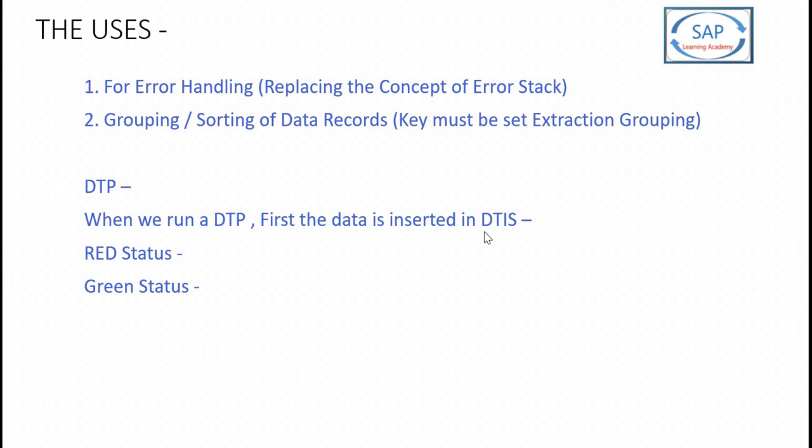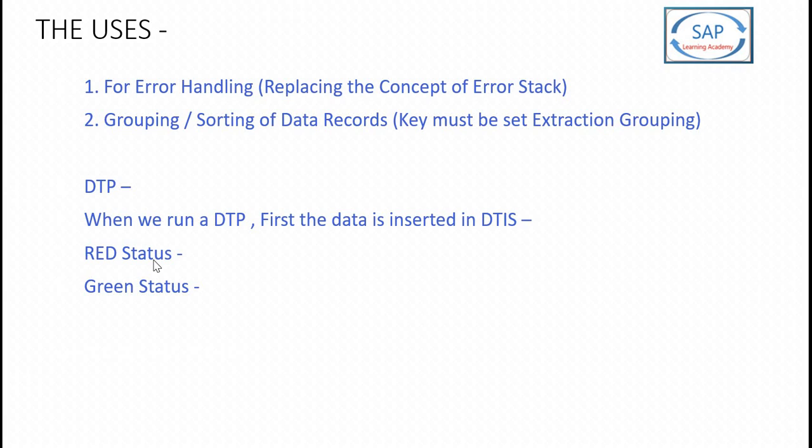In that case, you can enable your error handling and you can correct the data manually, and you can update the data into your target again. And if it is green status, in that case the data will be updated into your target and DTIS will be empty again.